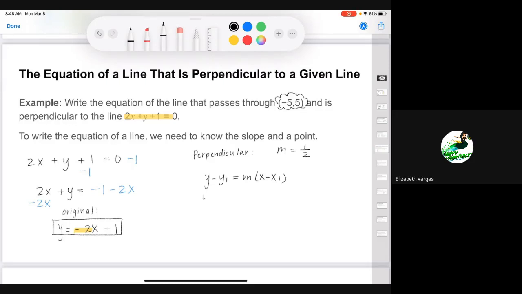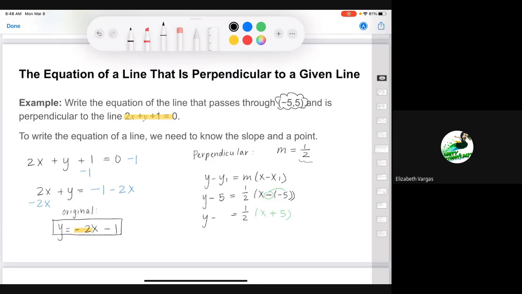So y minus, what's my y1? 5. What was my m? Well, I have it right here. x minus, what is my x1? Negative 5. Okay, now I can go ahead and simplify this. Starting with this gives me a positive 5, so x plus 5.